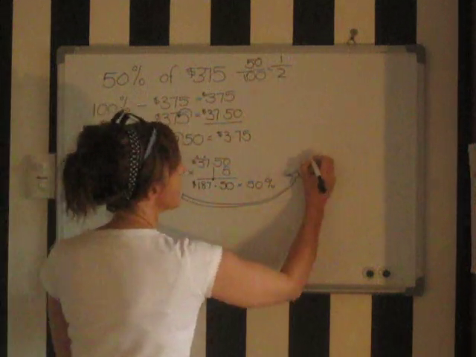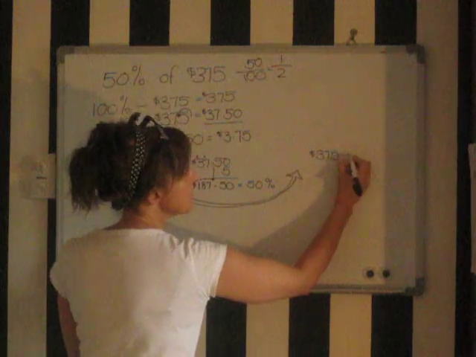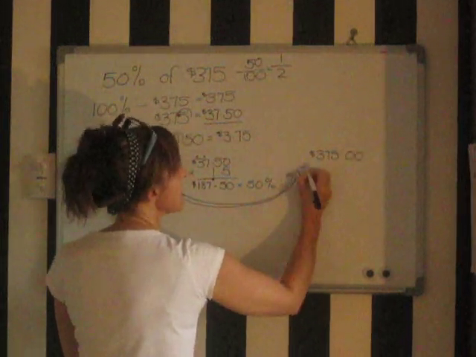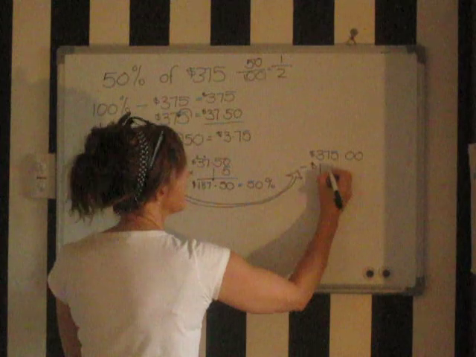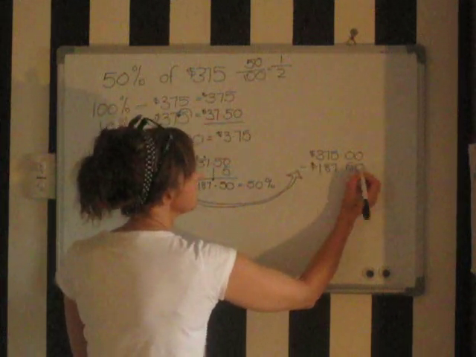So we've got $3.75. Make sure you put your cents in. Take away 187.50. Okay.